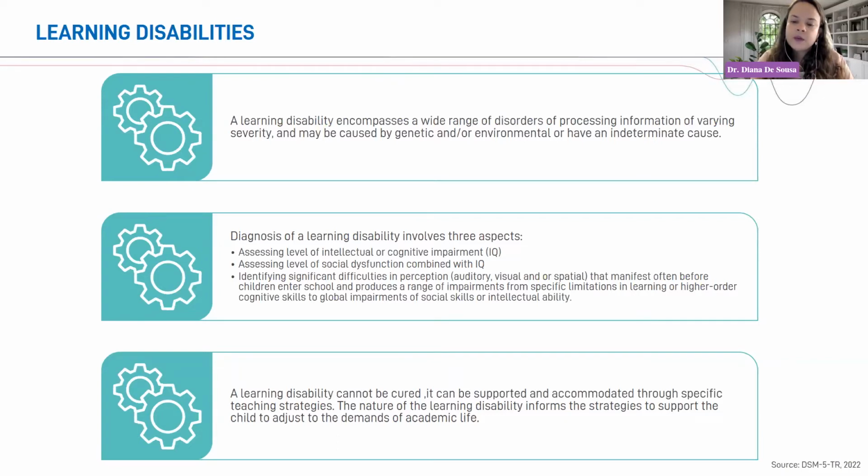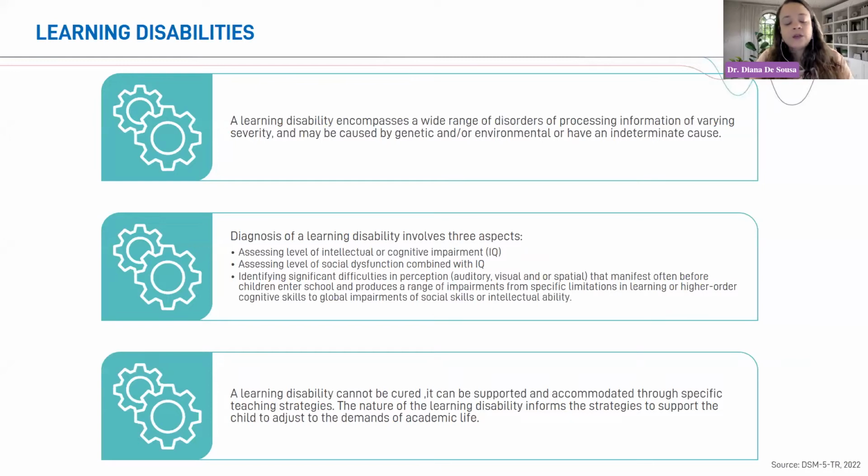Those higher order skills include planning, strategizing, priority setting, cognitive flexibility, and short-term memory. So from your tasks of reading to, for example, even money management could be impaired.